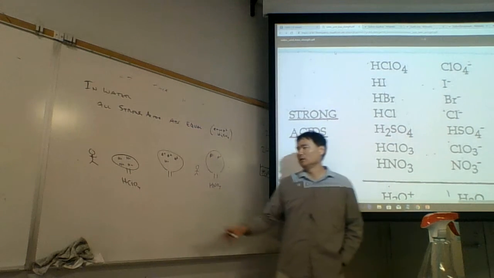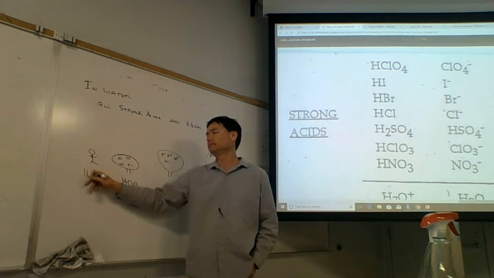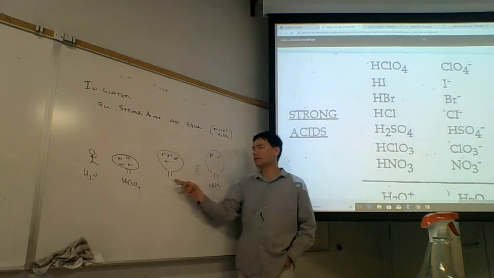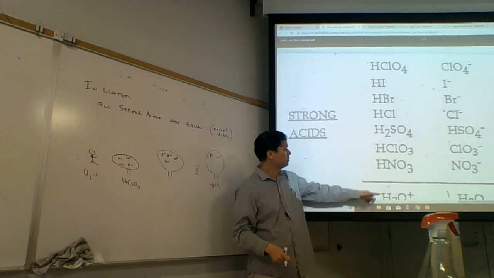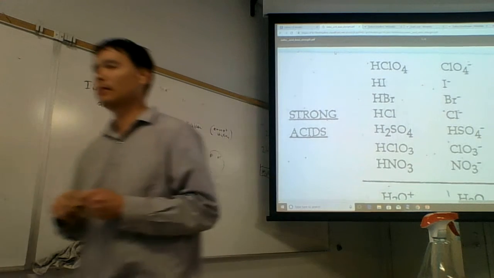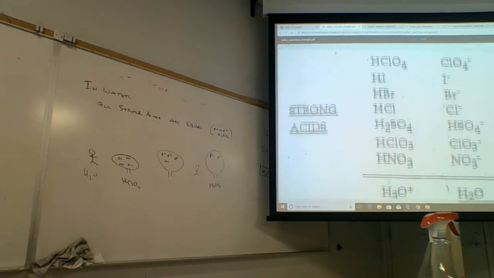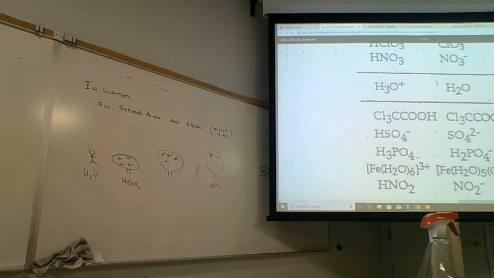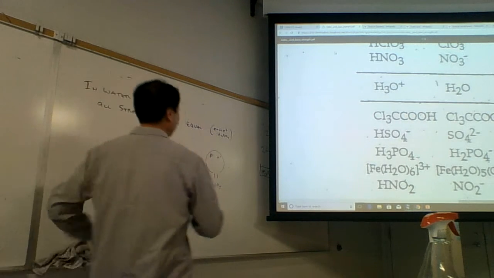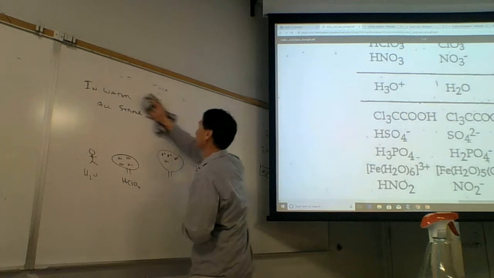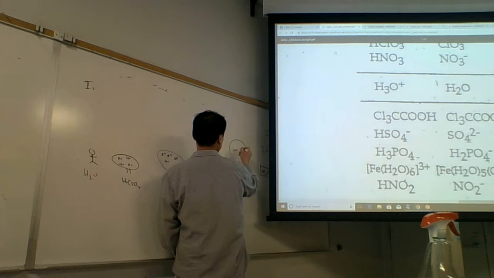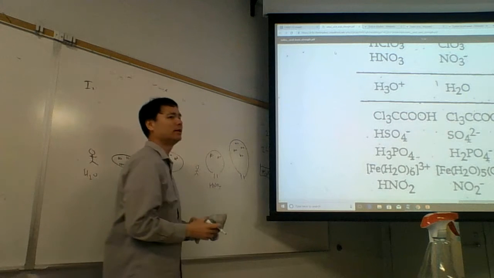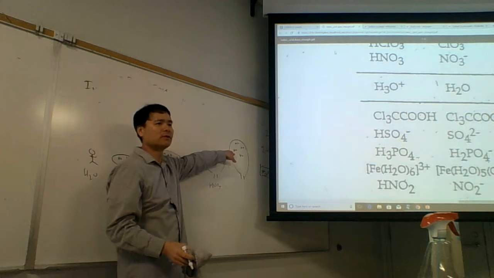Okay, that means the weak base is water. And water can take all the apples off the trees. However, when we get to a weaker acid like phosphoric acid, then water can't reach some of those apples.